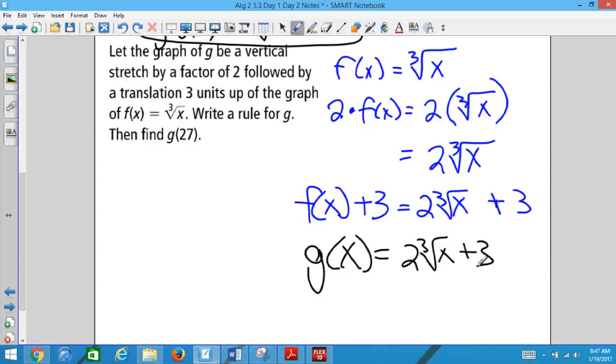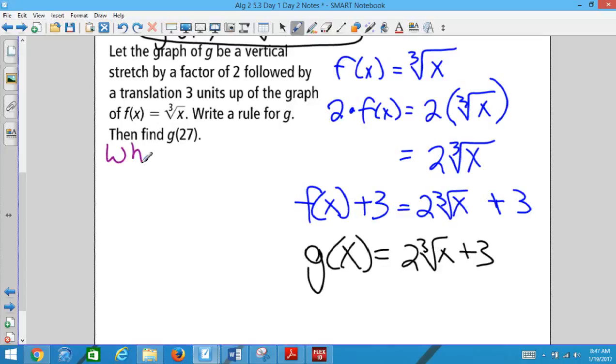Okay, the next example is not on your notes, but you probably have some space on that same page. What if, in this last question, the stuff was in the other order? What if instead of vertical stretch first, we did translation 3 units up first?